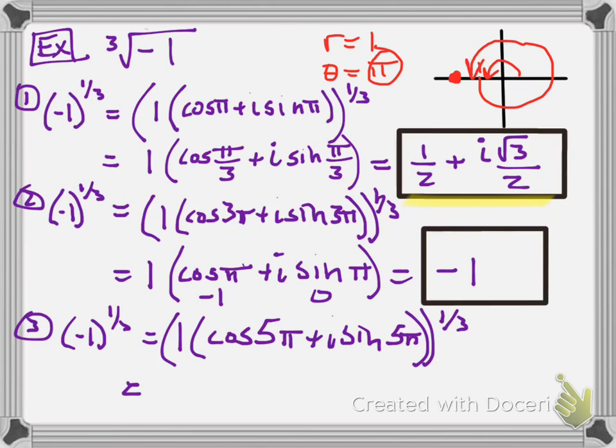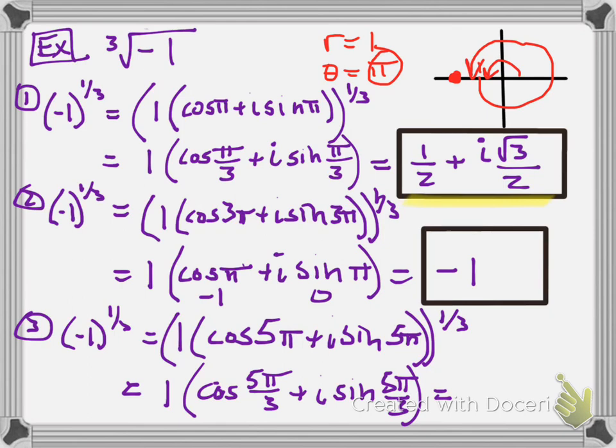One to the 1/3 power is 1. 5 pi times 1/3 is 5 pi over 3. Cosine of 5 pi over 3 is 1/2 again.